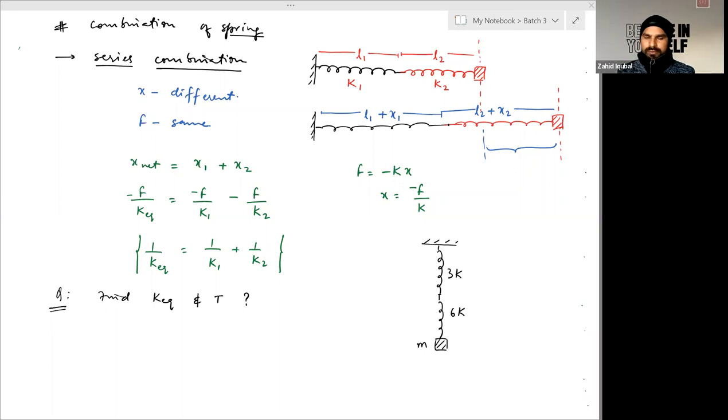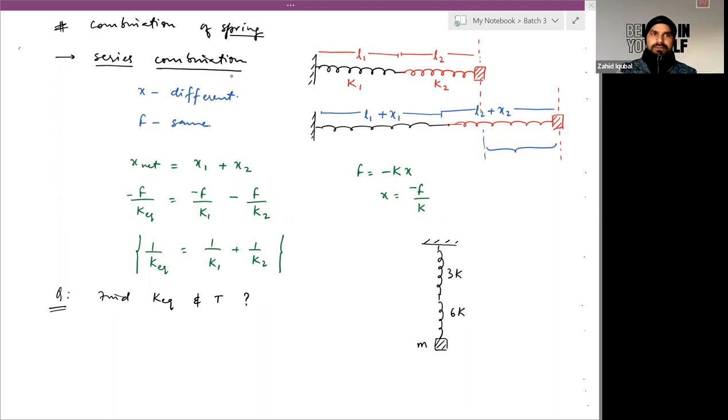It will be valid for both. So this combination is series. So just use the above formula, try to find K equivalent and then the time period. Try to solve.